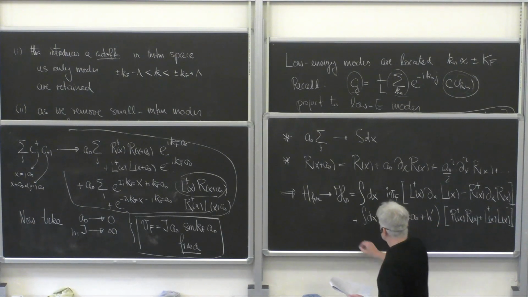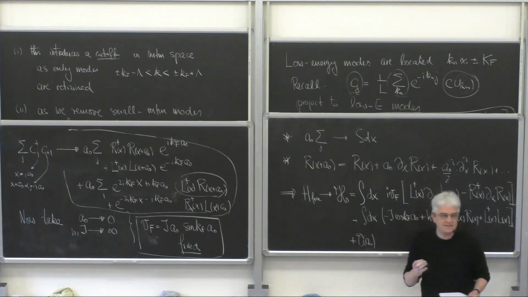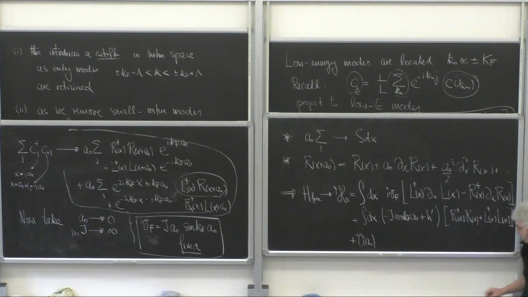And then you would have plus terms which would be of order the lattice spacing, but if we take the lattice spacing to 0, they disappear. Okay?